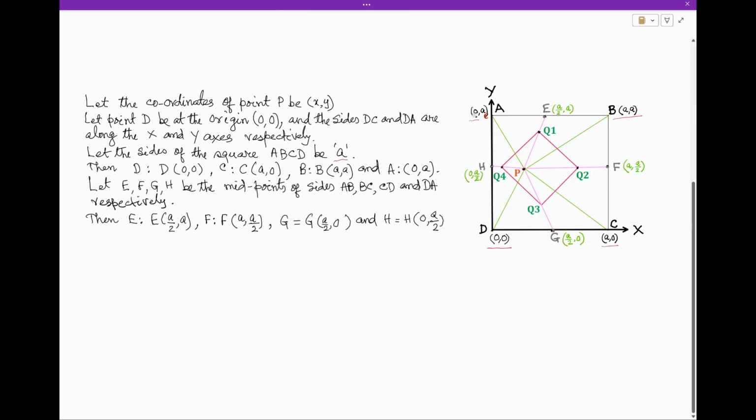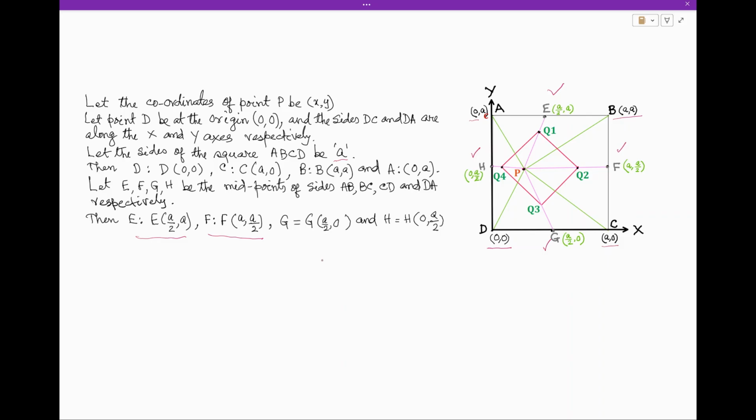Let E, F, G and H be the midpoints of the sides AB, BC, CD and DA respectively of the square. Then the coordinates of point E are a by 2, a. Coordinates of point F are a, a by 2.